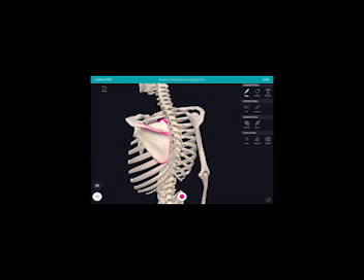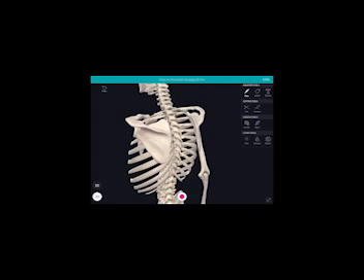The spine divides the posterior scapula into two areas. This region is called the infraspinous fossa, and this is where the infraspinatus muscle sits. The top portion is the supraspinous fossa, and this is where the supraspinatus muscle sits.